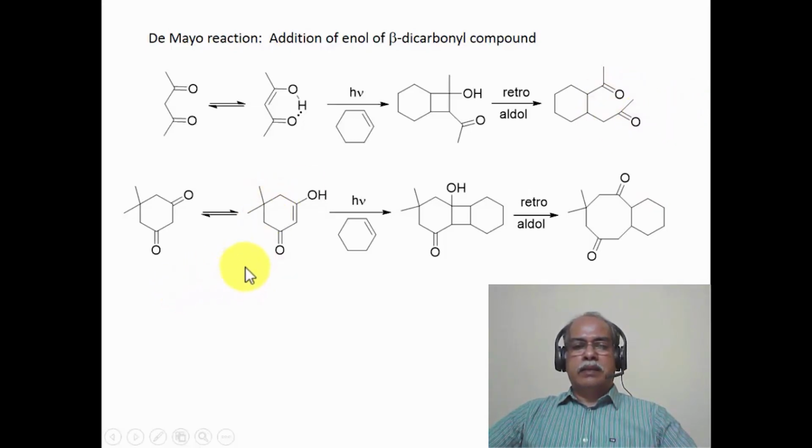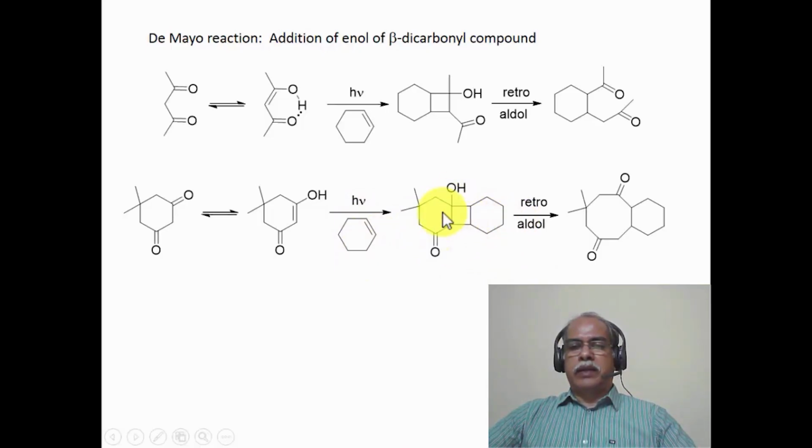The synthesis of this larger ring system is illustrated by the example of dimedone. Dimedone is nothing but dimethyl cyclohexanedione. This exists in the enol form, which undergoes a cycloaddition process again with the cyclohexene, resulting in the formation of the fused system. The fused system is a ketone, which is a beta hydroxyketone.